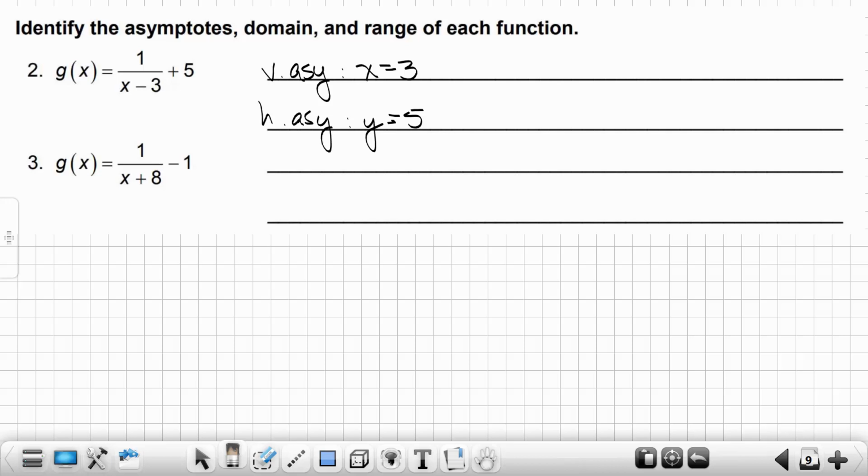So vertical asymptote, x equals 3. Horizontal asymptote, y equals 5. And then our domain goes with our vertical asymptote. Yeah, we'll make our lives easy. X cannot equal 3. Yes. Y cannot equal 5.